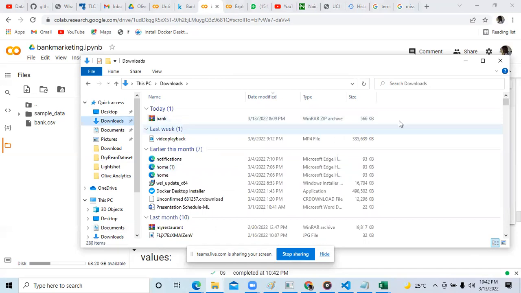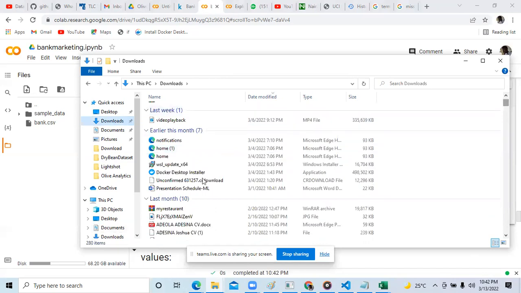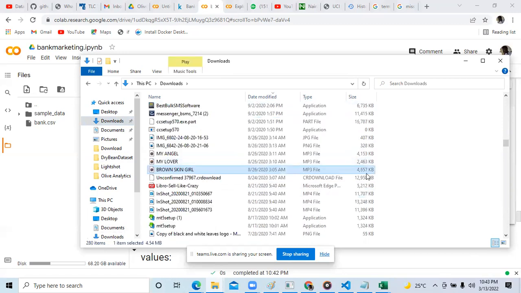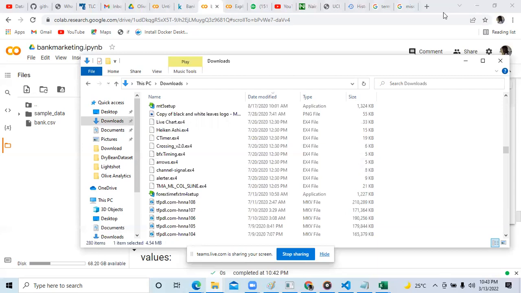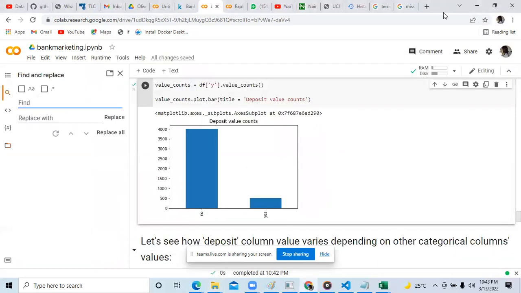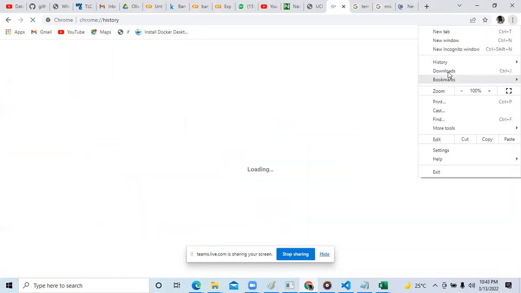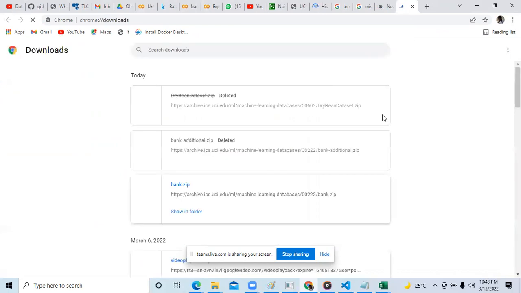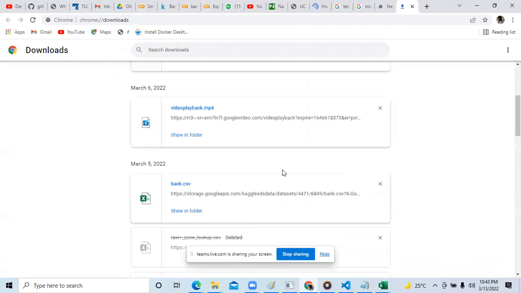Where is it? Bank. Okay, hold on. Something is wrong. Control H. The one I downloaded is different from this one. I don't know why. Okay, I downloaded this from Kaggle. This is the one I downloaded from Kaggle, from a folder.